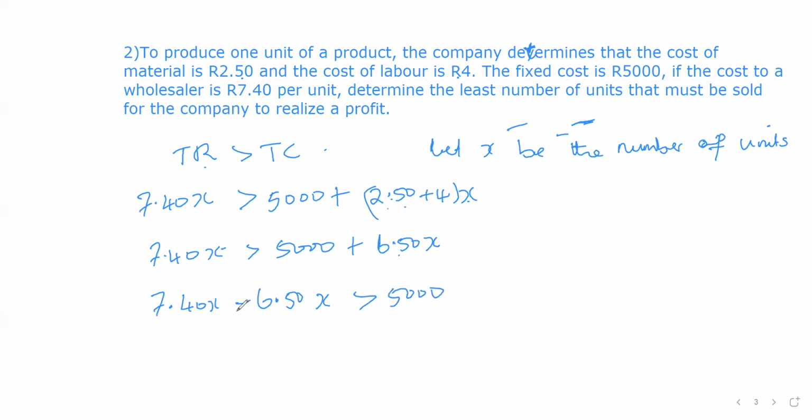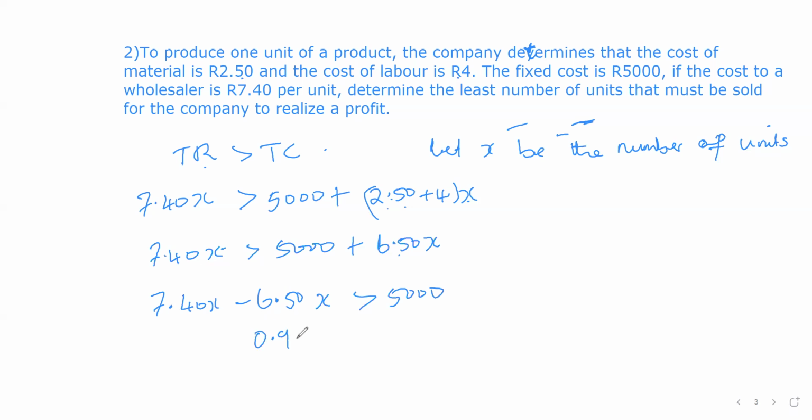740 minus 650 should be 90, that is 0.9 if I'm not mistaken.